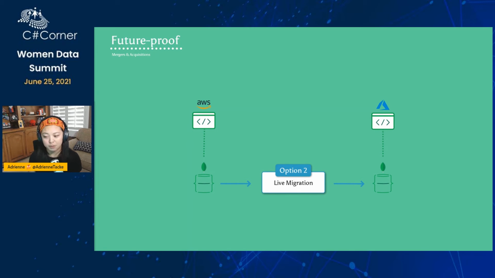The second option, very specifically for this client, because they were using MongoDB Atlas, which is our database as a service, is something called live migration. What that does is very similar to snapshots, but basically you have the data on AWS, and the problem is you have to also set up a destination cluster.